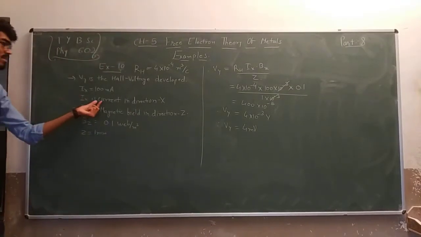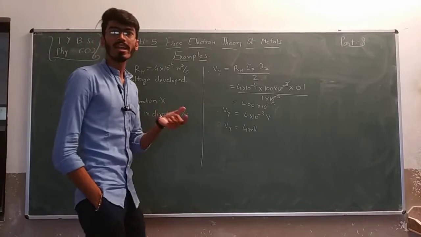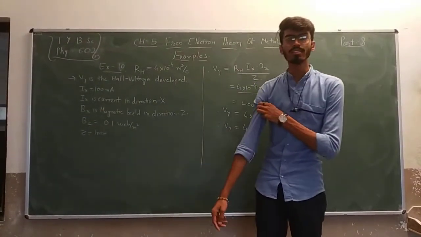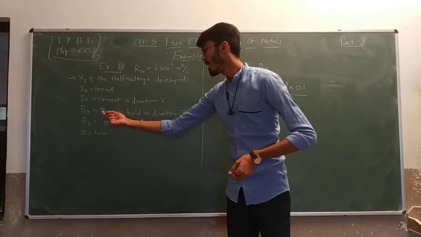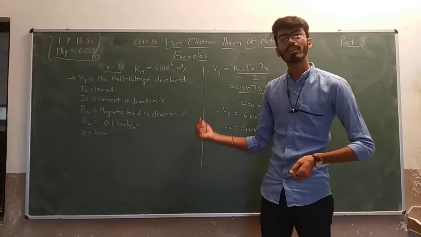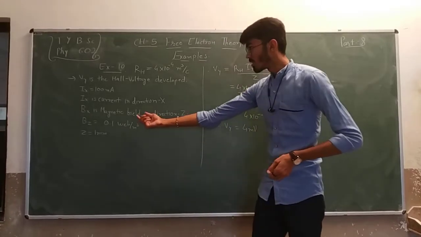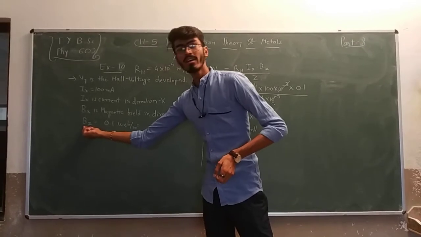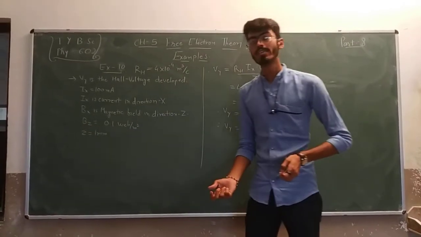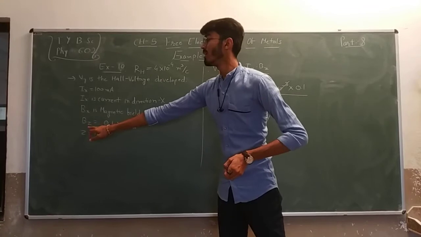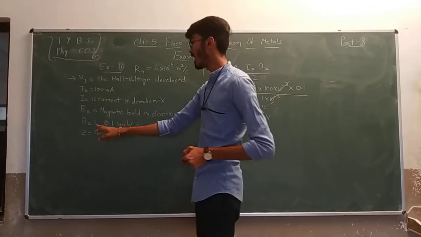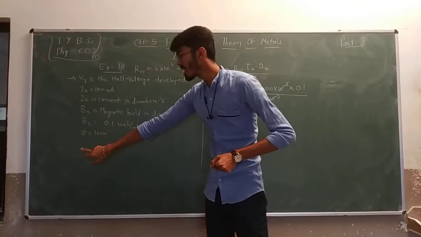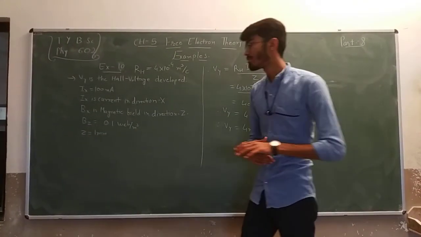I_x is a current, the current in direction X. After that B_z is the magnetic field, and the magnetic field goes in direction Z, that is why we write B_z, equal to 0.1 weber per meter square. Here Z is given as 1 mm.